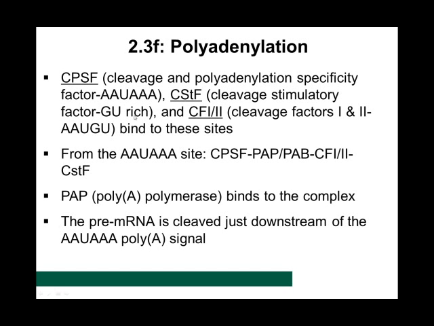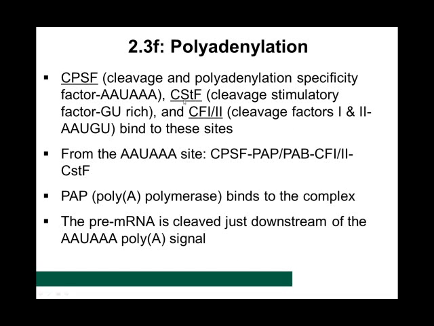Okay, because when the cleavage and polyadenylation specificity factor binds to the AAUAAA, and then the stimulatory factor binds to the GU-rich region downstream, then the RNA loops around so that the two protein complexes interact to form one complex.